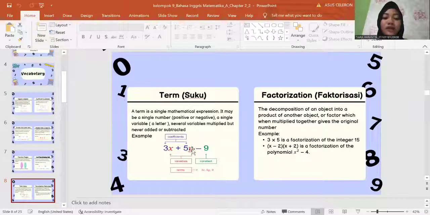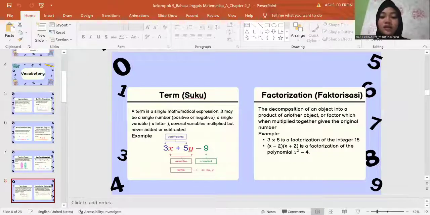The variables are x and y. The terms are 3x, 5y, and 9. 9 is a constant. So terms are all about coefficients, variables, and constants.